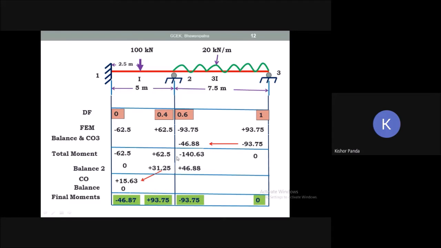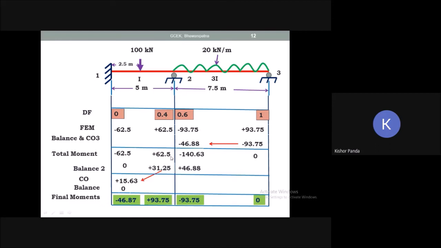Then you have to multiply this net moment with 0.4, and put the opposite sign here, because 62.5 minus 140.63 gives a net moment with a negative sign. When you are balancing this moment, you have to put the opposite sign. So the unbalanced moment you got, you multiply with the distribution factor and put the opposite sign.